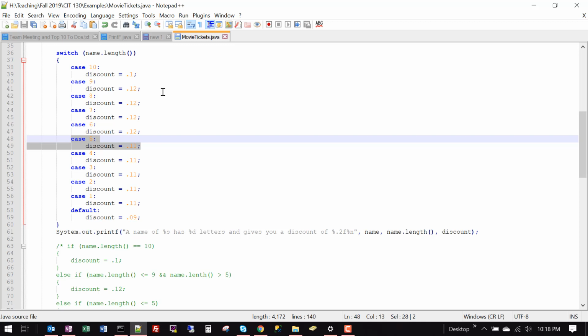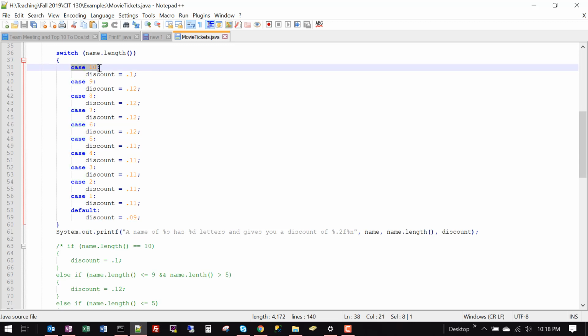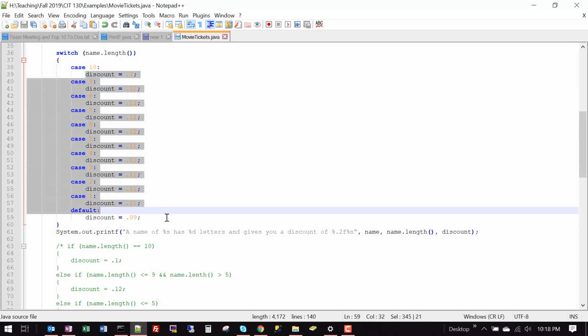What we're dealing with here is one of the things that is interesting about a case statement: this thing called a label with the colon. When it finds the first matching case label, it does every line of code after that.